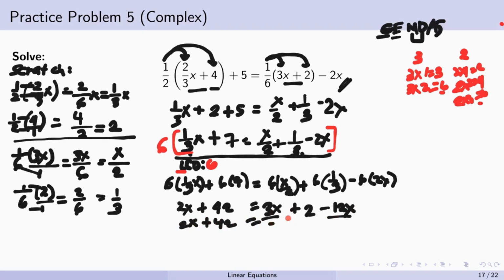That gives us negative 9x and then plus 2. If we have negative 9x to be cancelled out here, just add 9x to both of the sides. That gives us 11x plus 42 equals negative 9x plus 9x is 0. So plus 2, just copy 2.